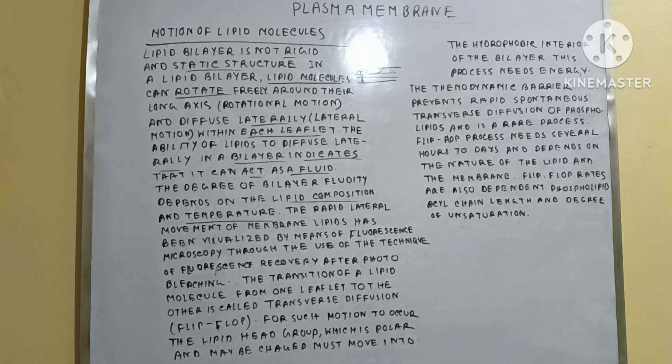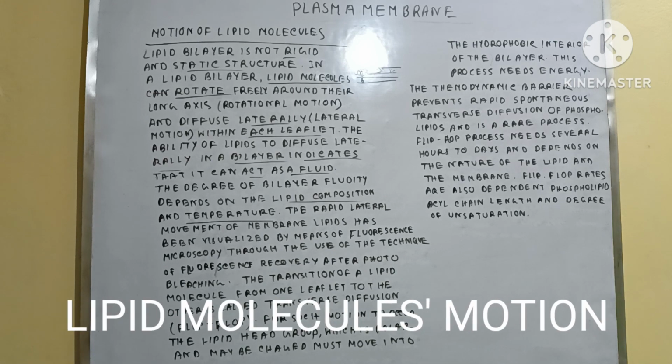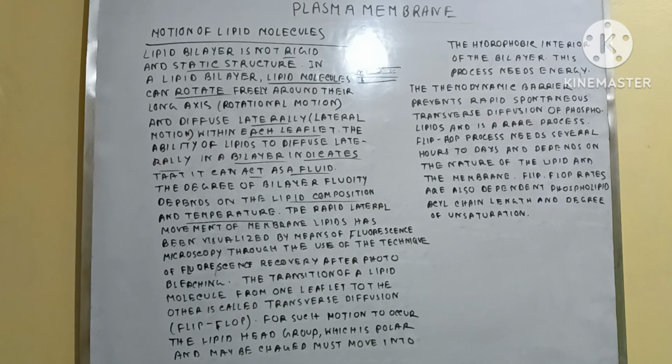Lipid composition and temperature are very important for lipid fluidity. If the temperature is high, more fluidity is seen; if the temperature is low, fluidity is also low. And lipid composition is very important, because without proper composition, the movement of the lipid molecules is not seen.